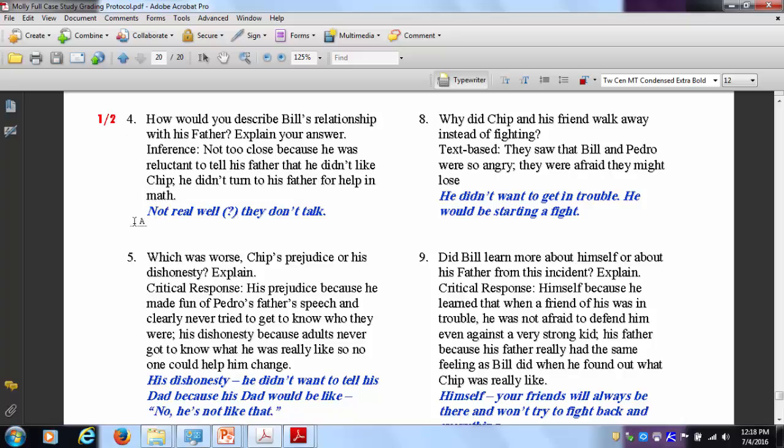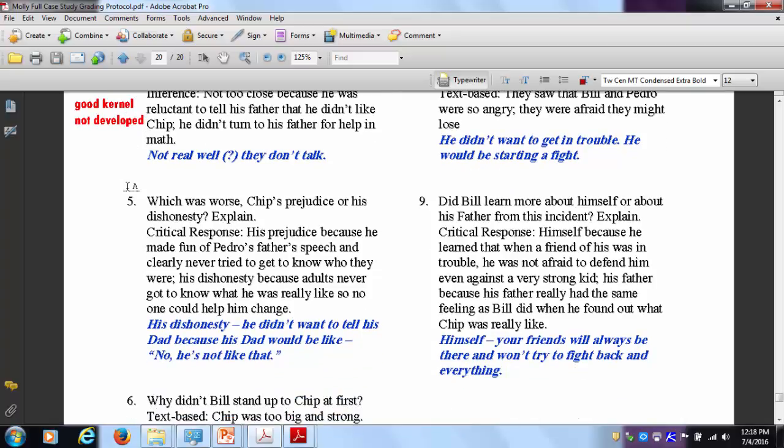So a good kernel, but not developed in order to justify relationships. Or even to use it in the story, give examples when they could have talked. All right, so 5 here. With 5, this is pure back to our character mix-up. She's mixing up the characters. So there's nothing that we could say here other than character mix-up.